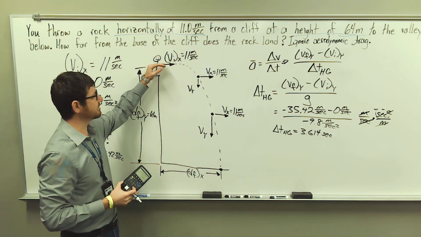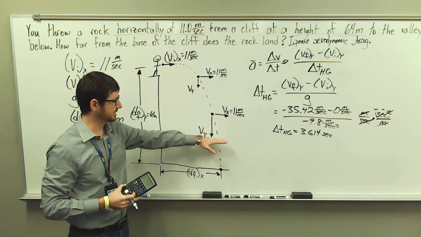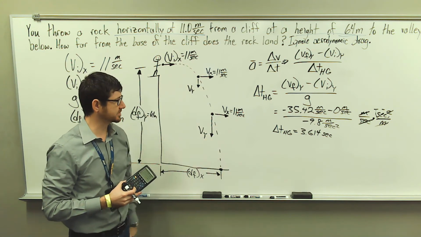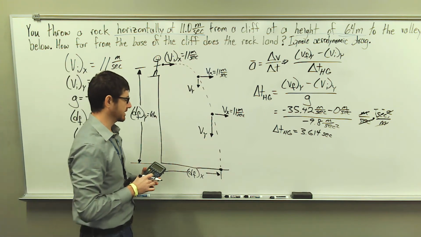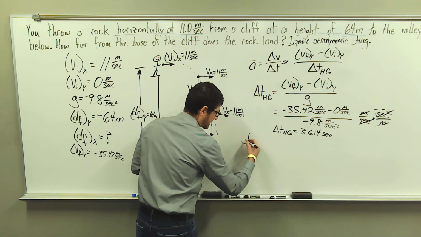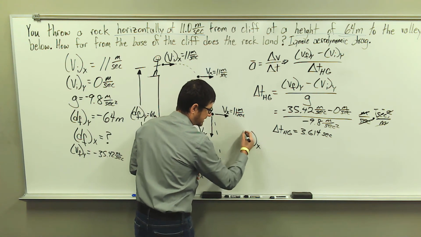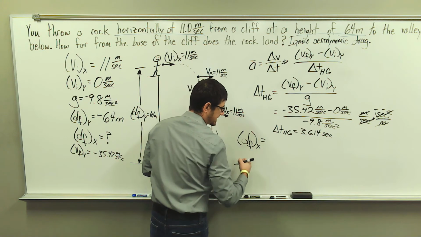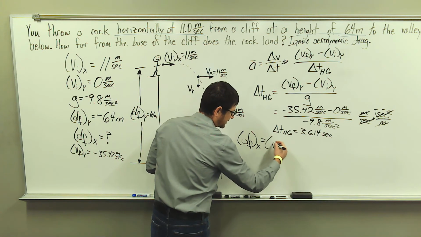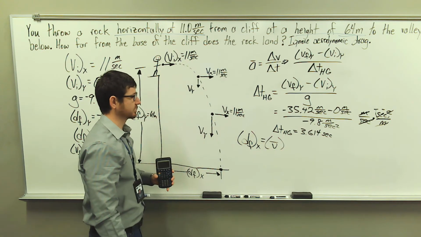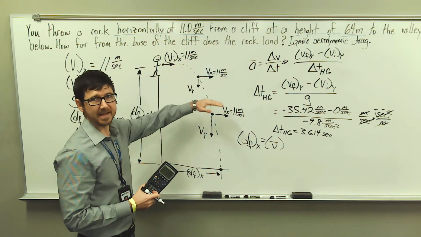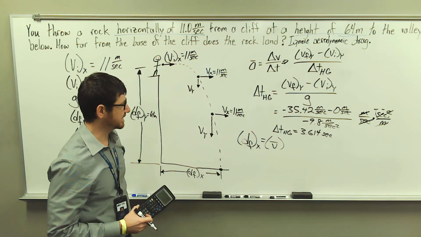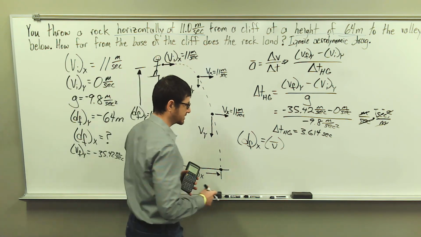Now remember that we are ignoring aerodynamic drag. So we are going to have a constant velocity in the x direction. So what we can do here is say the final displacement in the x direction is equal to v bar, the average velocity, which is just, we have a constant velocity of 11 meters per second in the x direction.